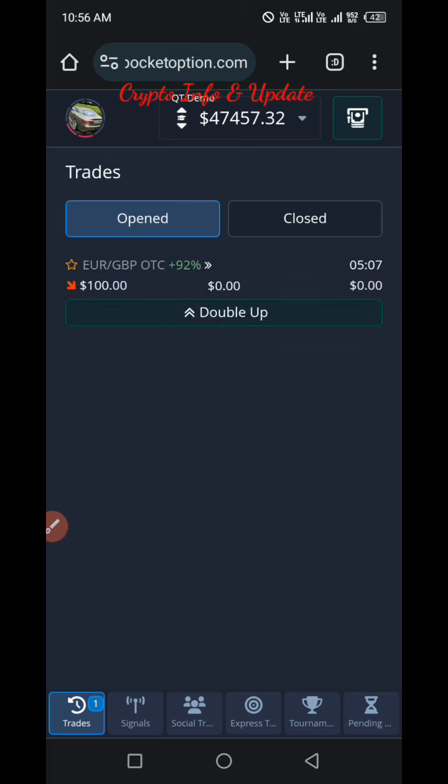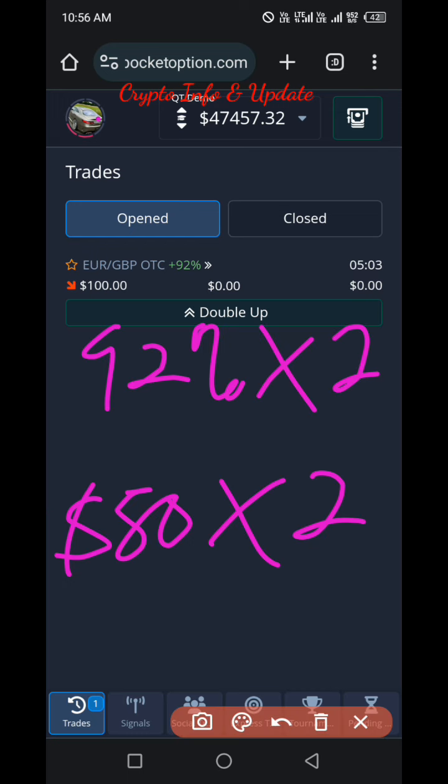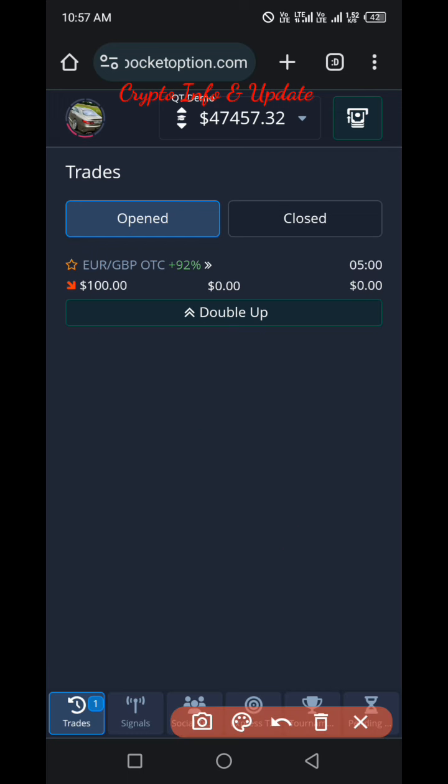Can you see? So now my capital became doubled. It was $50 initially, right? It became doubled, and my potential profit also became doubled.